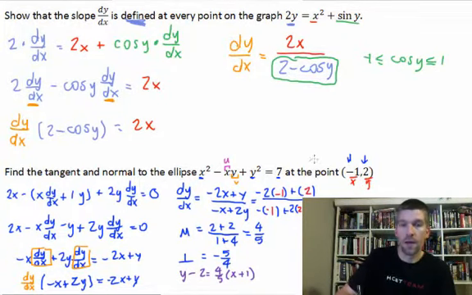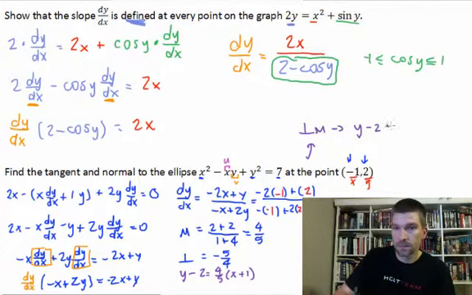And then for the normal line, I'll write the normal right up here. So we need a perpendicular slope. That's going to be my normal. And so the normal line then is going to be y minus 2, dadgummit, equals the normal now, which is -5/4 x plus 1.